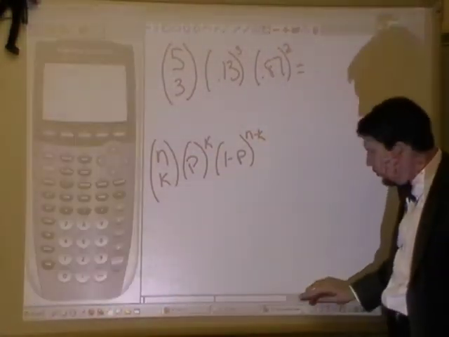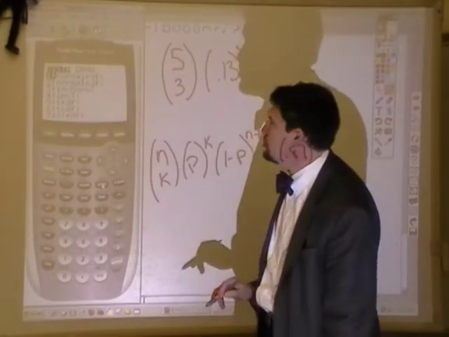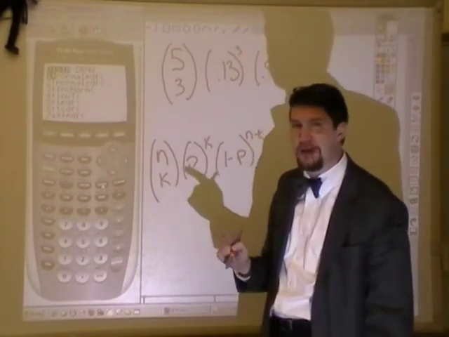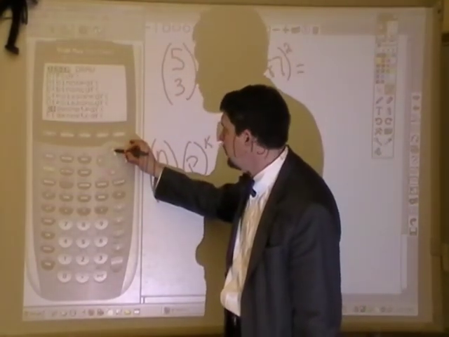So that's what I need to write. At this point, I can use the calculator to get my result. How do I do that? I go to the distribution menu and we look for binomial PDF, because binomial PDF means exactly. So I'm going to go to binomial PDF.